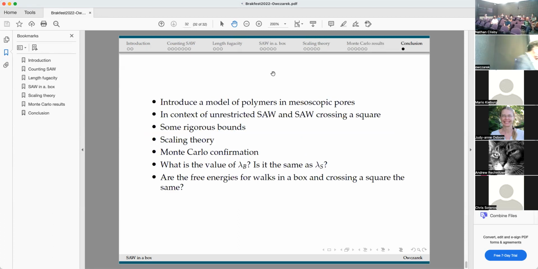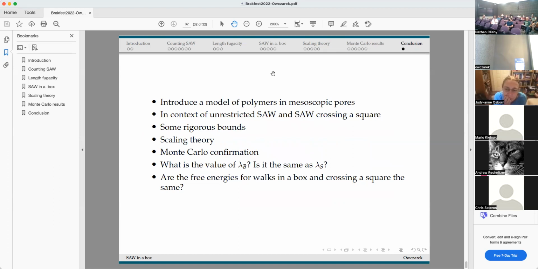So we've introduced a model of polymers in mesoscopic pores, in the context of unrestricted SAWs and SAWs crossing a square. We put that model in the list of problems, and it's a natural physical problem to look at anyway.